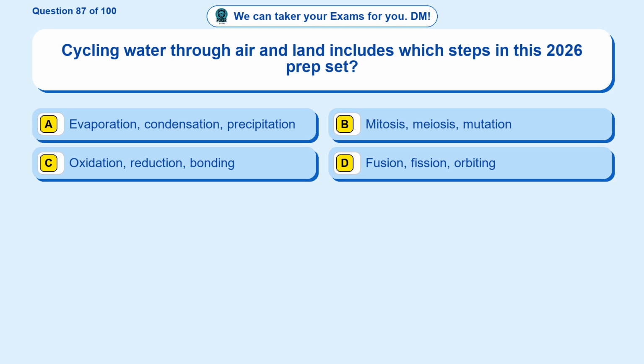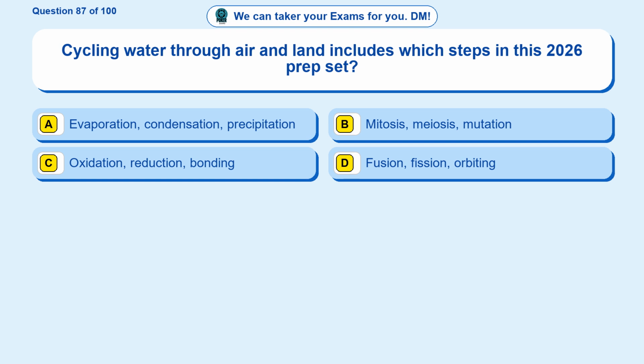Question 87. Cycling water through air and land includes which steps in this 2026 prep set? Option A, evaporation, condensation, precipitation. Option B, mitosis, meiosis, mutation. Option C, oxidation, reduction, bonding.